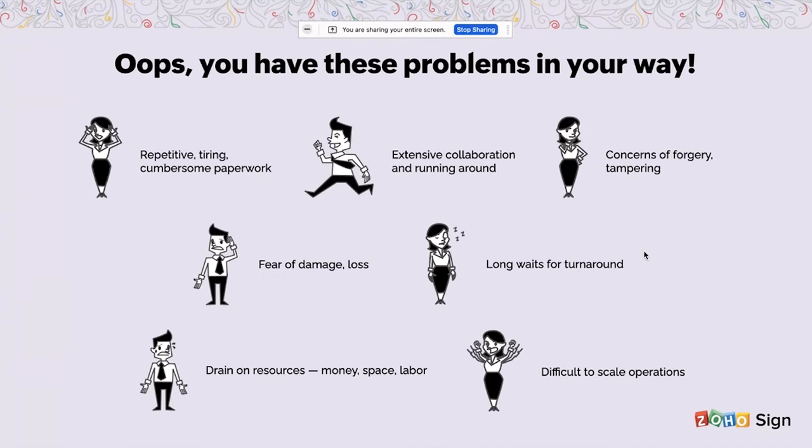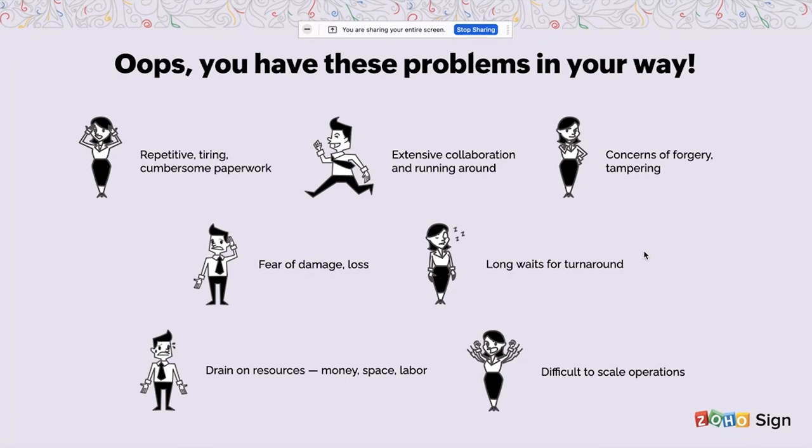This can introduce concerns of forgery or even tampering with manual paperwork. And obviously physical documents can also be lost or damaged in the event of accidents or natural disasters. Of course, you have to wait longer to get those documents back or even hear back from other stakeholders.